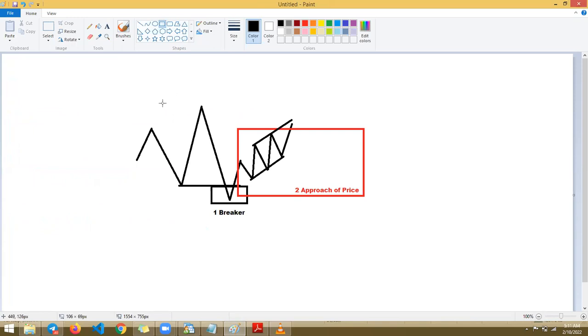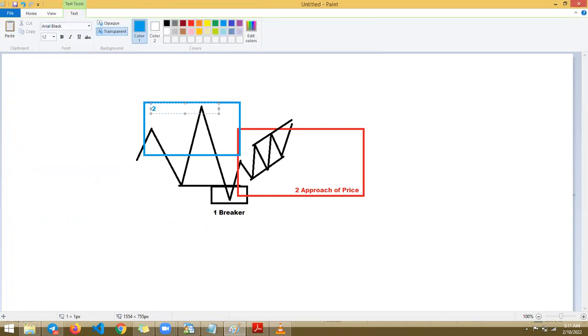Right above here is where we find our decision point area, somewhere there. Final step number 3 is what we call the decision point area.